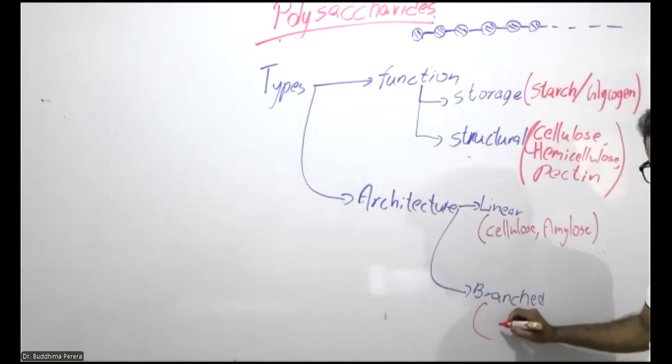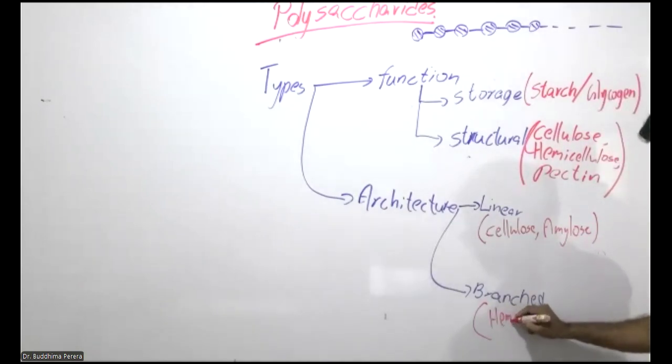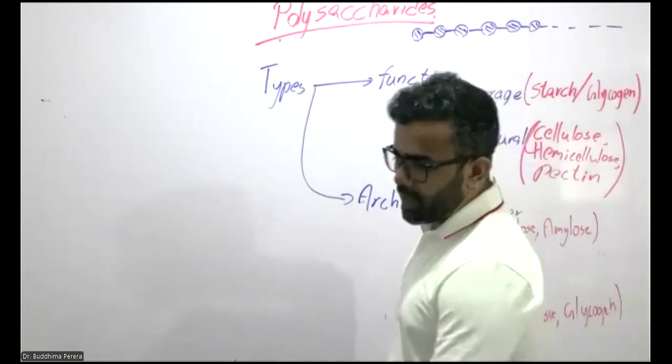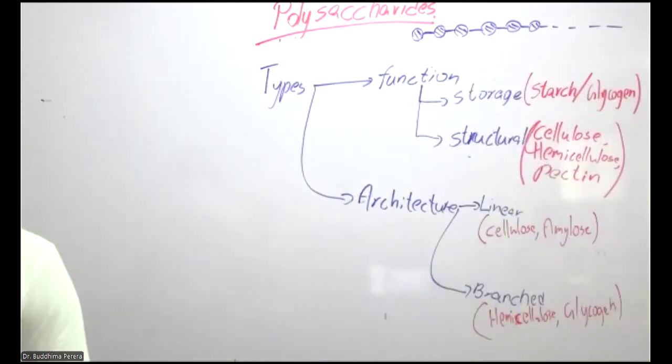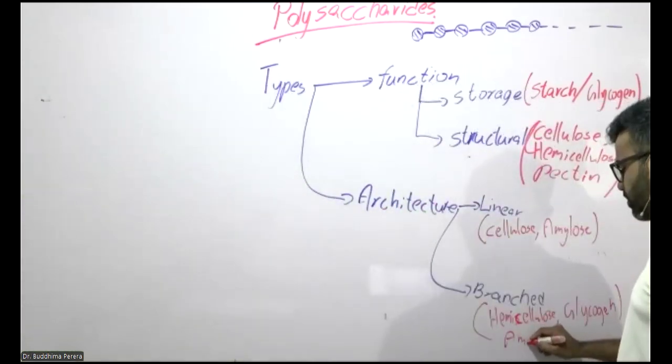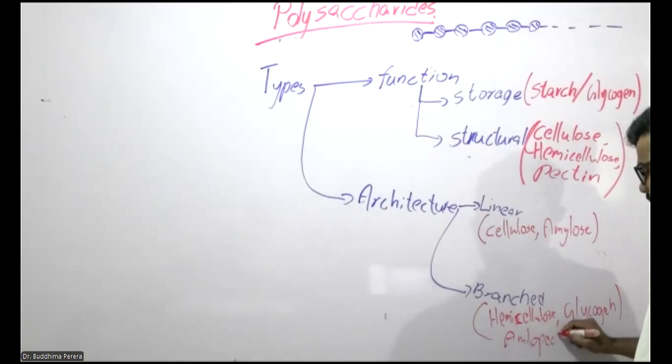Branched polysaccharides are hemicellulose, glycogen, and amylopectin, right?